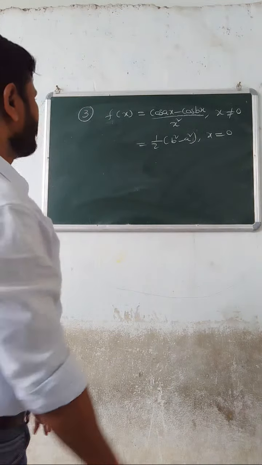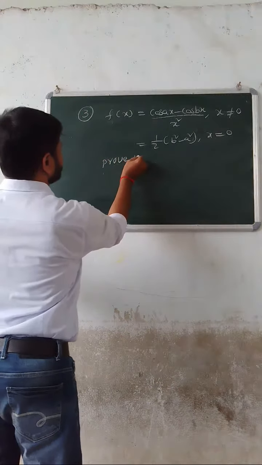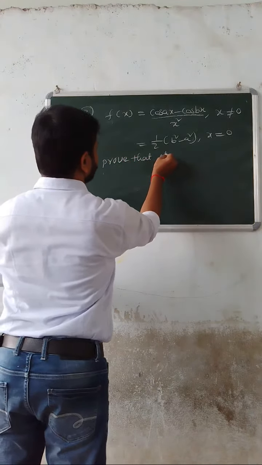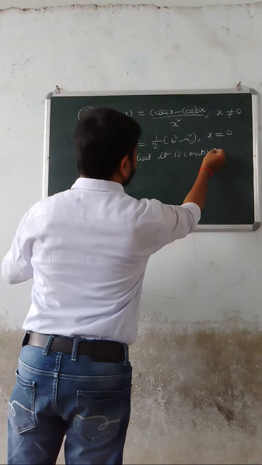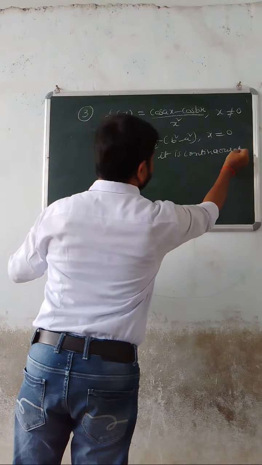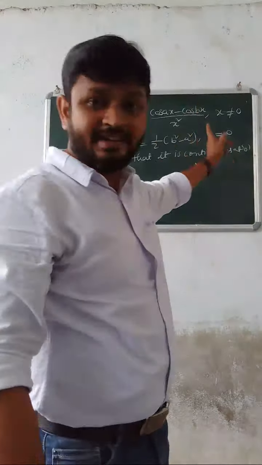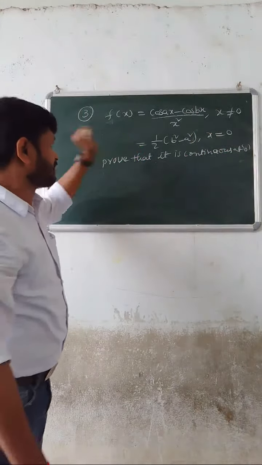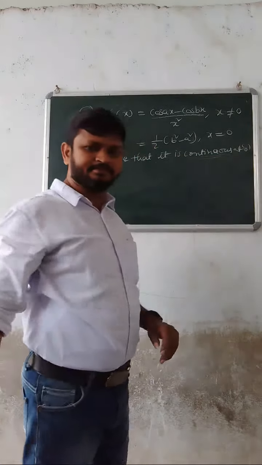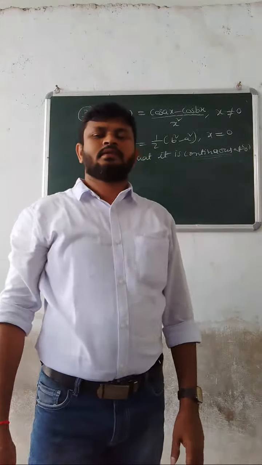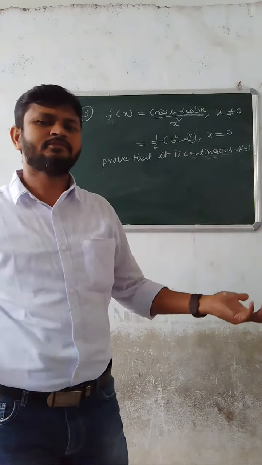Now, what we said is: prove that it is continuous at 0. Continuous means, as I already told you a lot of times in the video, there are two concepts, right hand limit and left hand limit.